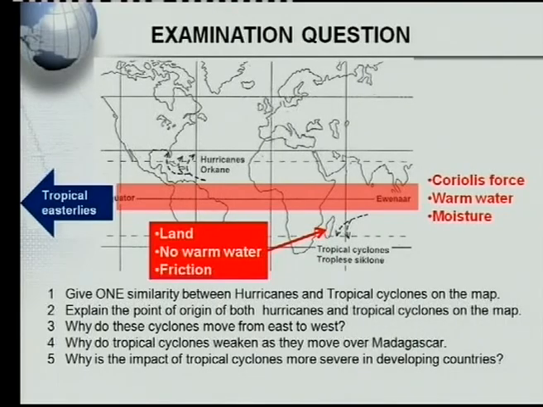They've got the satellites, they've got the early warning system, they've got the evacuation routes, their houses are built of stronger material, they've got better emergency services and better medical services. In other words, these things all mean that the impact of the tropical cyclone will be much more in any country in Africa, for instance, than in the United States of America.